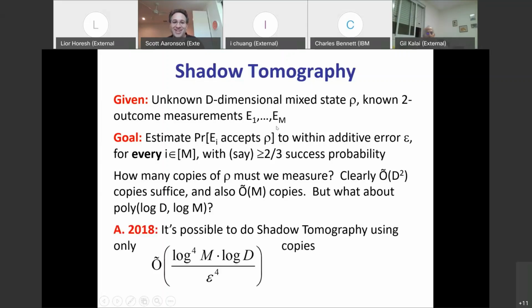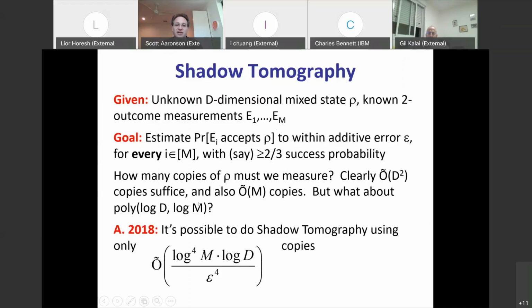Okay, so a couple of years ago, I gave the first protocol for shadow tomography, at least an information theoretic protocol, and it uses about the number of copies that is shown here. So I need a number of copies of rho like log of D, the log of the Hilbert space dimension.